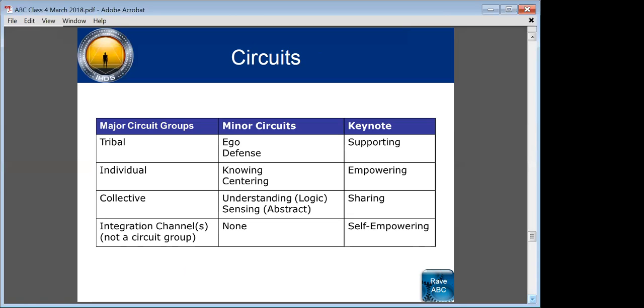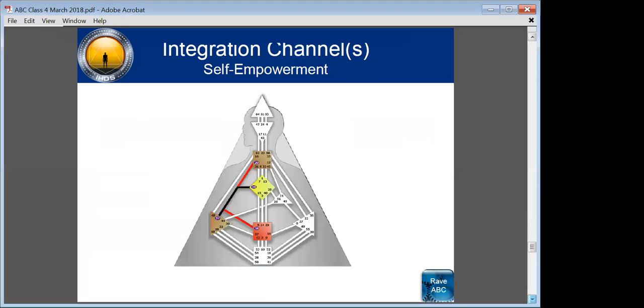It's empowering, but self-absorbed. It's not looking for how to move forward through the movement in the body graph. It's sort of there, integrating itself. So we're going to take a look at that.